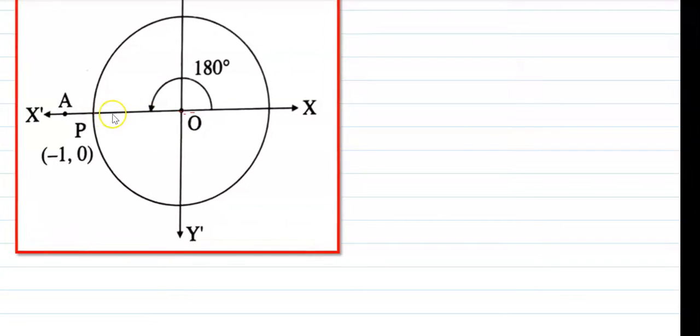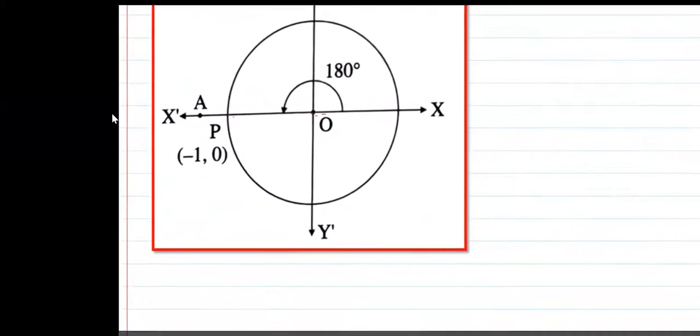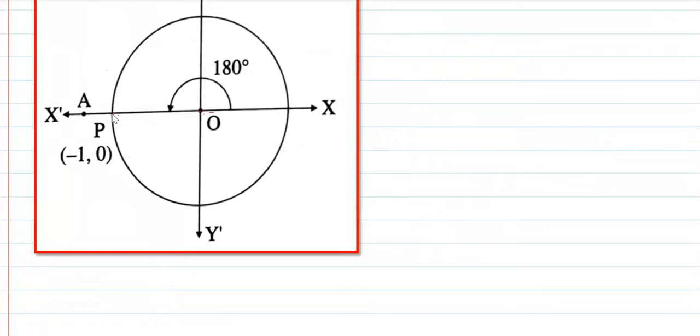But the coordinate of the point P here is on the x-axis and x is negative. म्हणून x ची value आपण इथे किती घेतो तर minus घेतो, आणि हे y is 0 on the x-axis. Therefore, x is equal to minus 1 and y is equal to 0. And with the help of this, we will find out all the trigonometric functions for the angle 180.